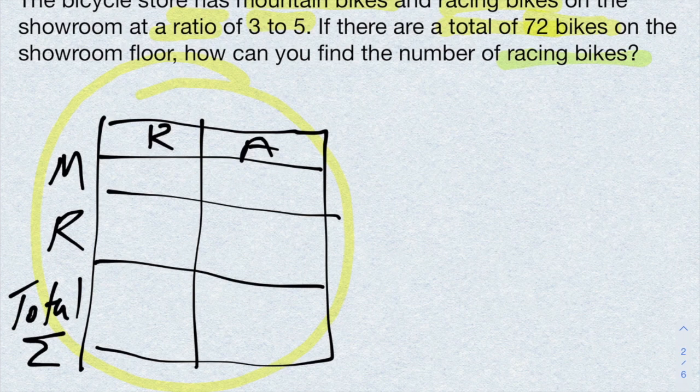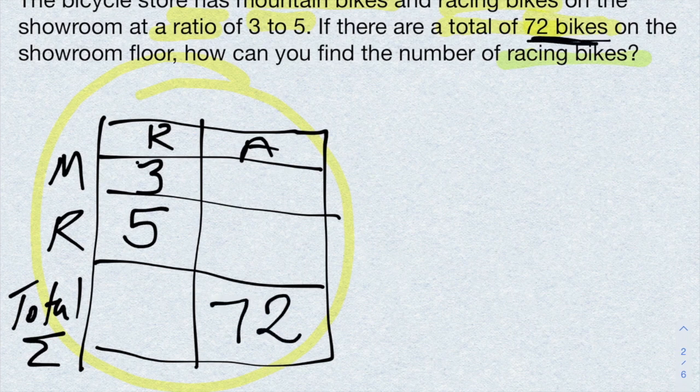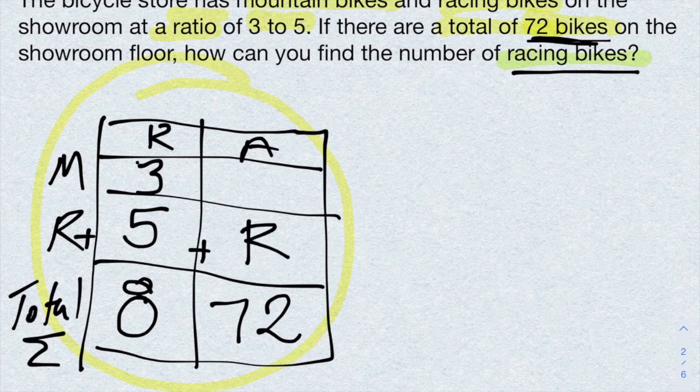So the ratio is 3 to 5, and our total is 72. Now again, I can use my math skills and say, well, 3 plus 5 gives me 8. And I'm trying to find racing bikes, so I'm going to put an R here for racing bikes.